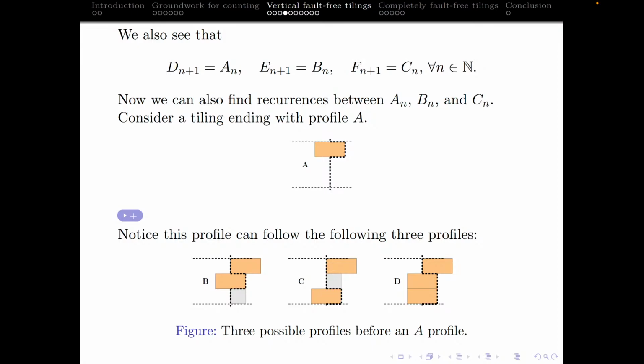So we can apply the same recursions on them. That is exactly the point: we can apply the recursions we worked out before to a new set of sequences which follow the same recurrence relations and which probably have different initial values, but we can always count the initial values manually, so that helps us figure out the completely fault-free tilings very easily.